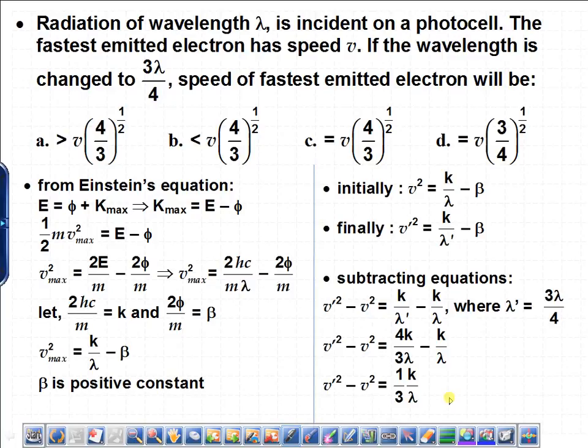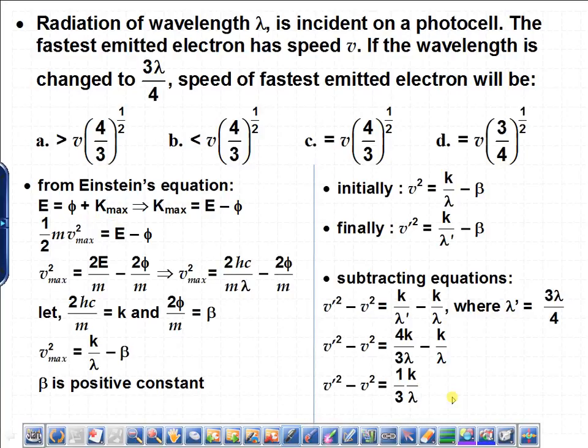We know from Einstein's equation that the energy incident in the form of radiation is partly used as the work function for liberating the electron, and the remaining energy is used by the liberated electron in the form of kinetic energy. Making kinetic energy the subject of the formula, we get E minus phi.